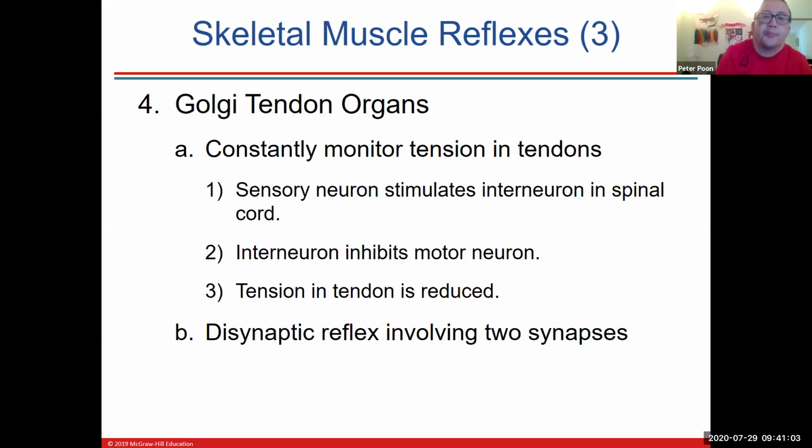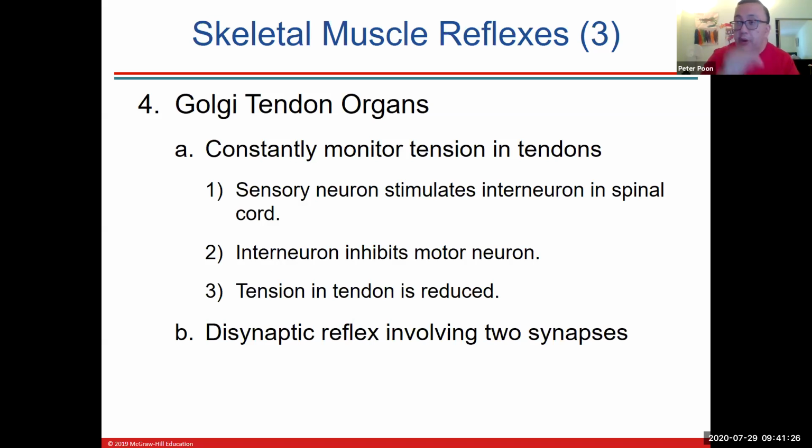Golgi tendon organs. I explain these a little differently. Imagine you were in a classroom and I told you to hold a book. You hold a book, pretty easy.